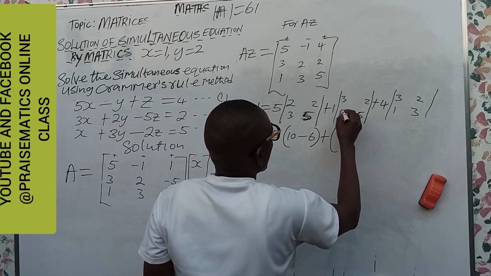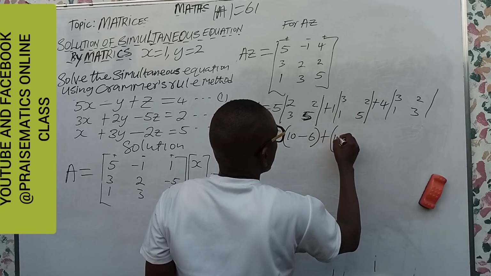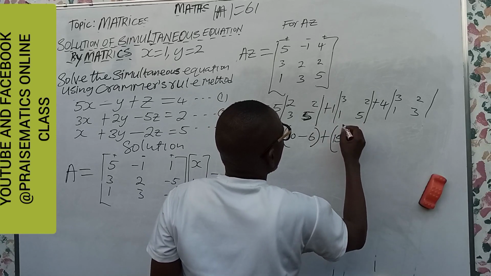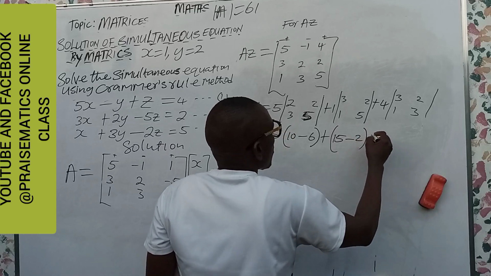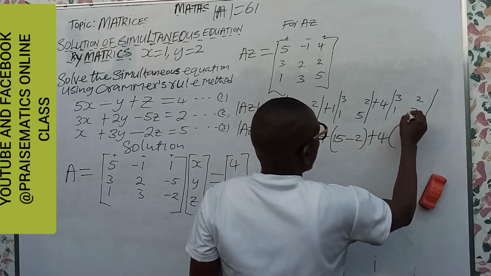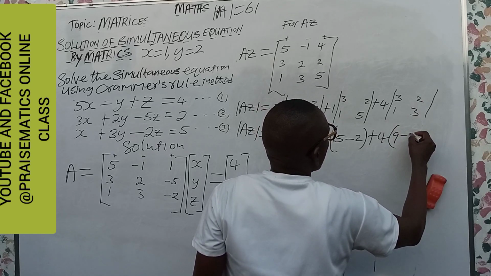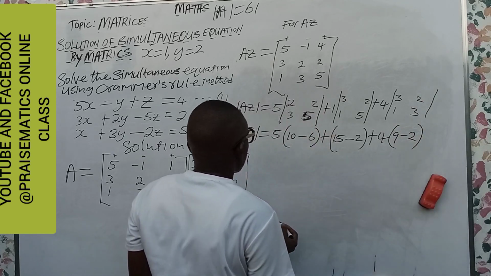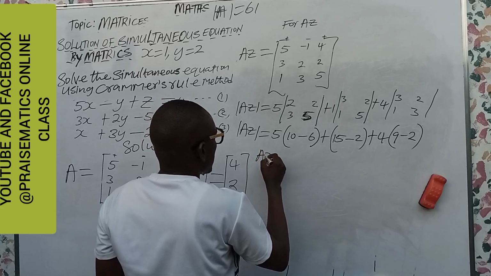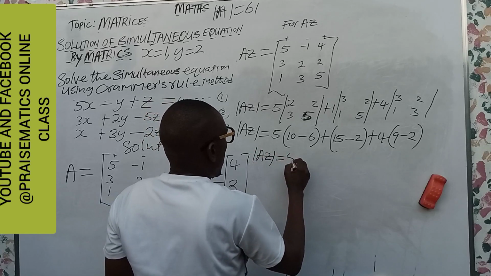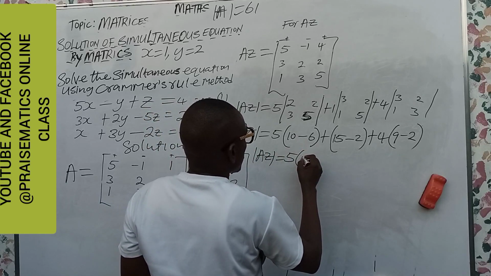Plus 1 into 3 times 5, 15, minus 1 times 2, 2. Close it. Plus 4 into 3 times 3, 9, minus 1 times 2. Close it. So our AZ equals 5 into 10 minus 6 will give us 4.